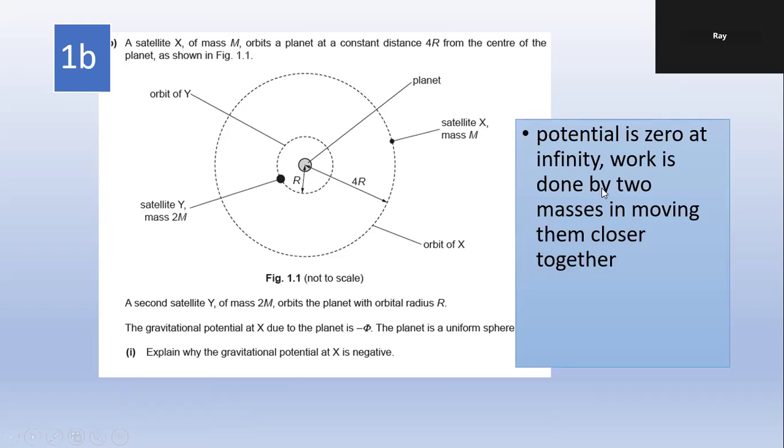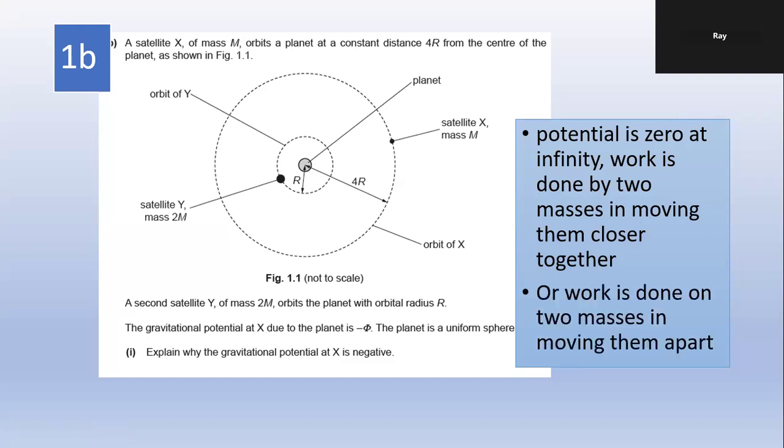Work is done by the two masses in moving closer together. Basically, the force is attractive, so the work is not done by you. Work done is by the two masses in moving closer together. Right? Okay, either work is done by the masses in moving closer together, or work is done on the two masses in moving apart.